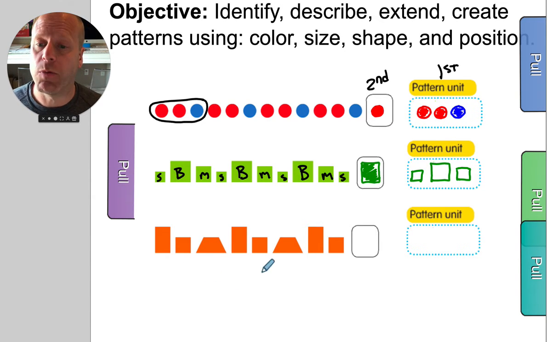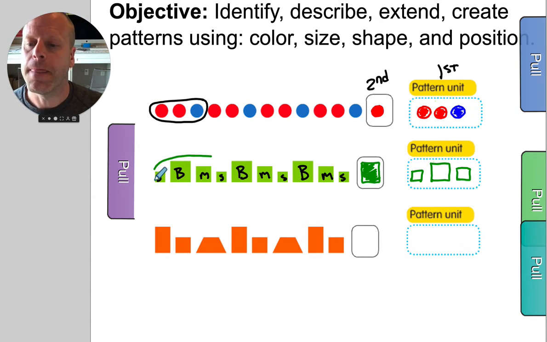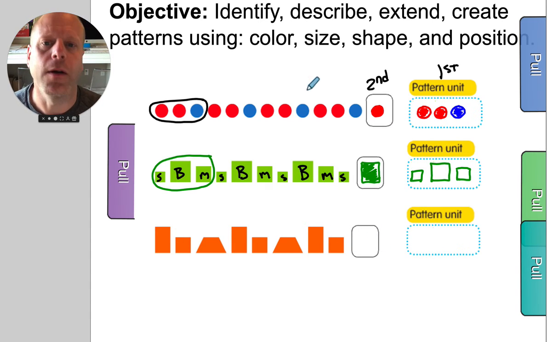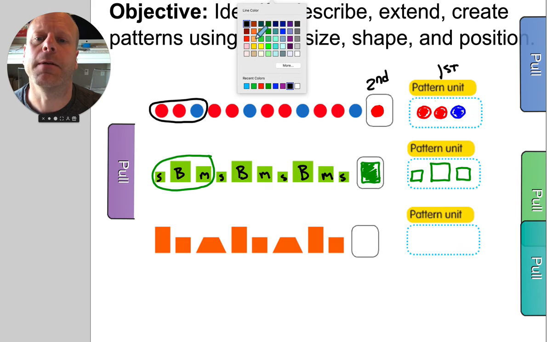One more, and then we'll get you started. I'm going to circle the stem right here. The pattern unit. Rectangle, square, trapezoid. Rectangle, square, trapezoid. Rectangle, square, trapezoid. Orange though, huh? All right, let me grab an orange.